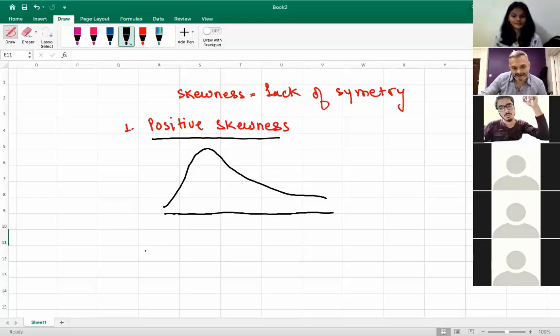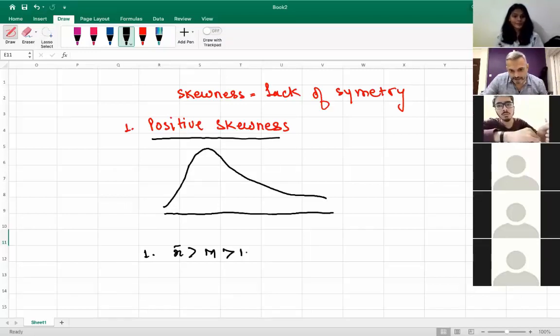Now what are its characteristics? First let me write the characteristics, then we will plot it in the graph. Your mean is greater than median, greater than mode. So mean is the highest. Let's check how they look.